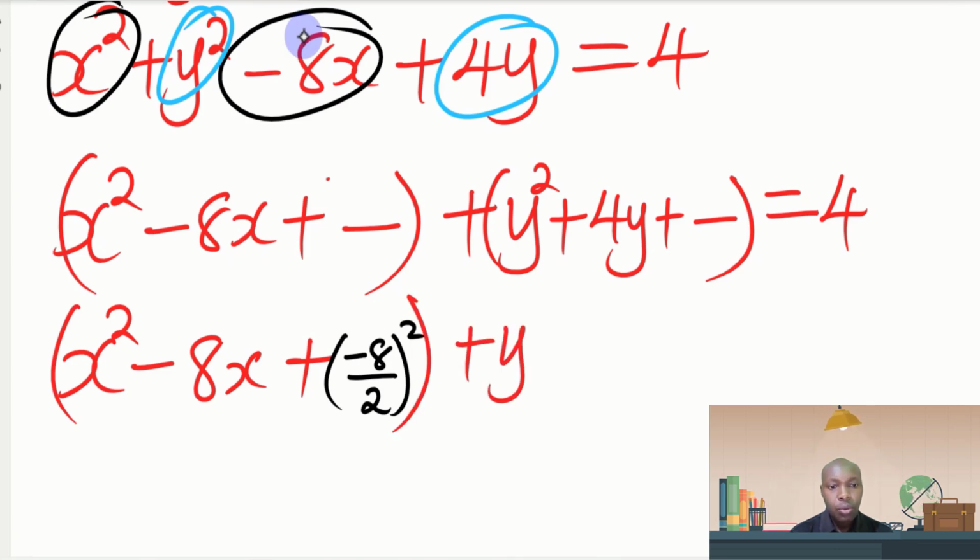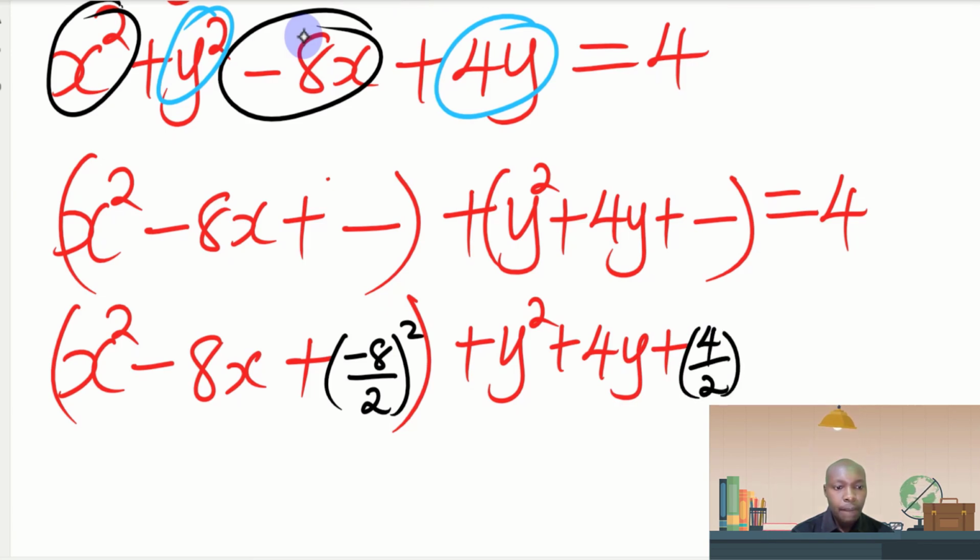Then for y, the other side, we take the coefficient of y, which is 4, divide that by 2, and then we square. That is how you complete the square to make them perfect squares, equals 4.